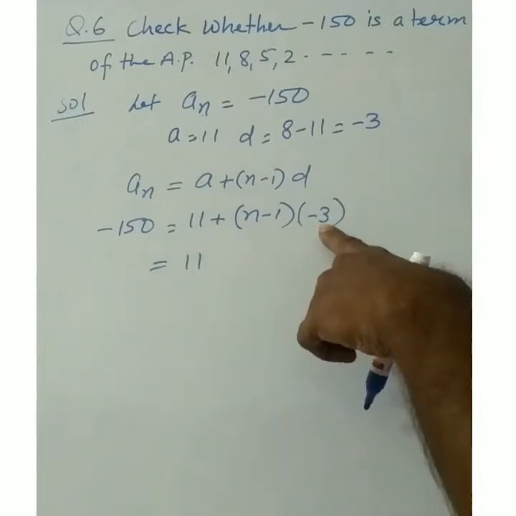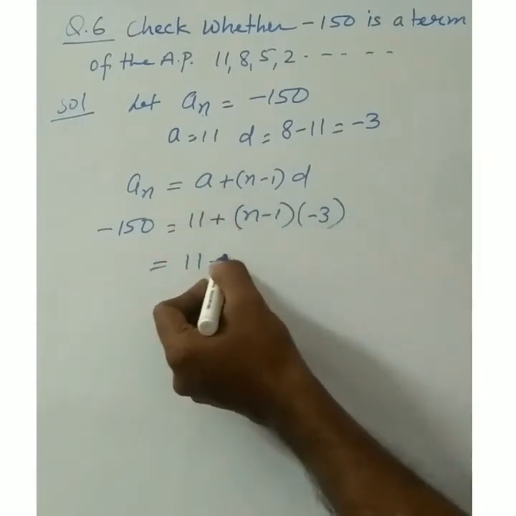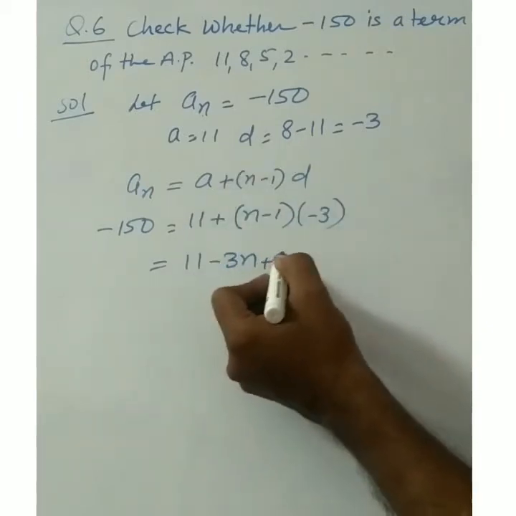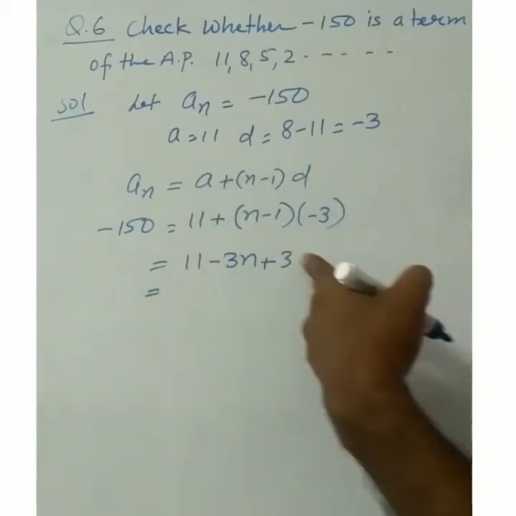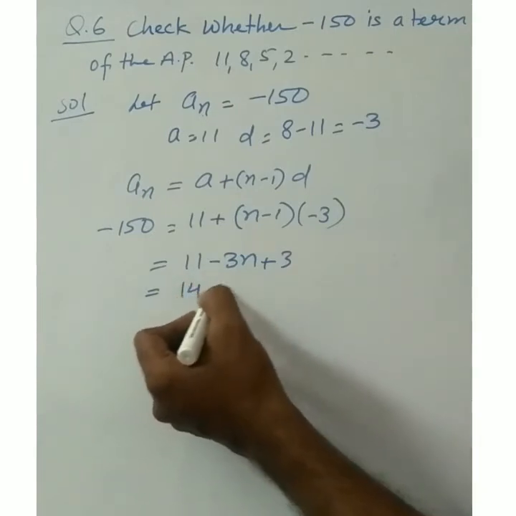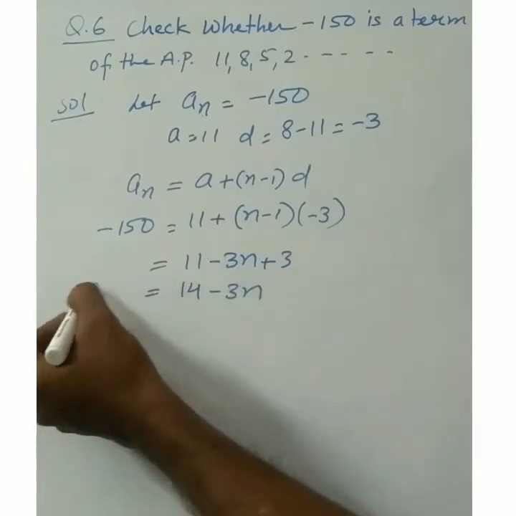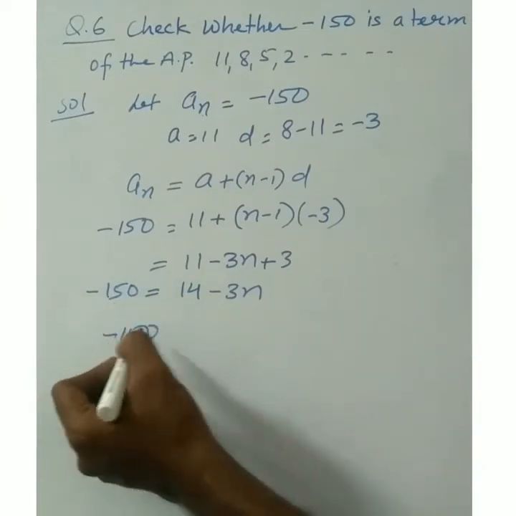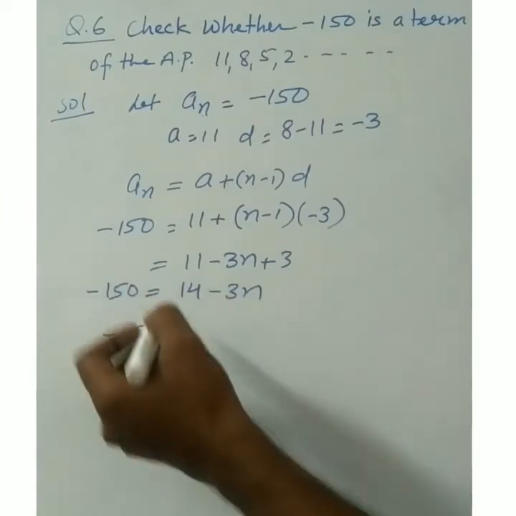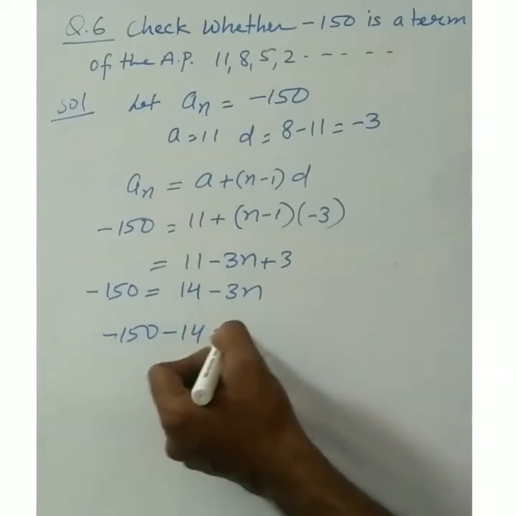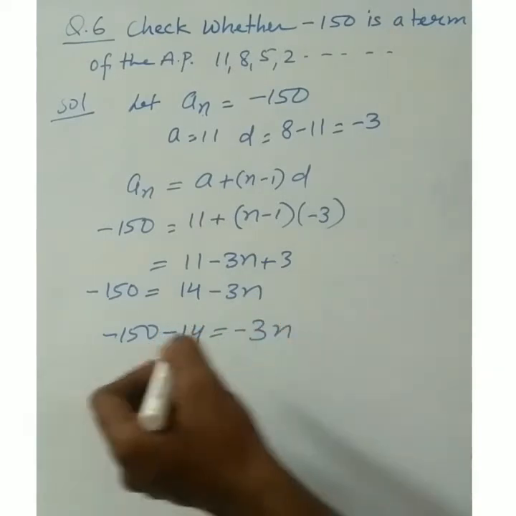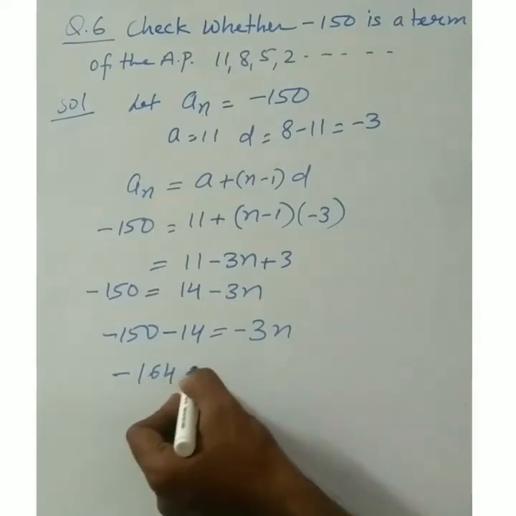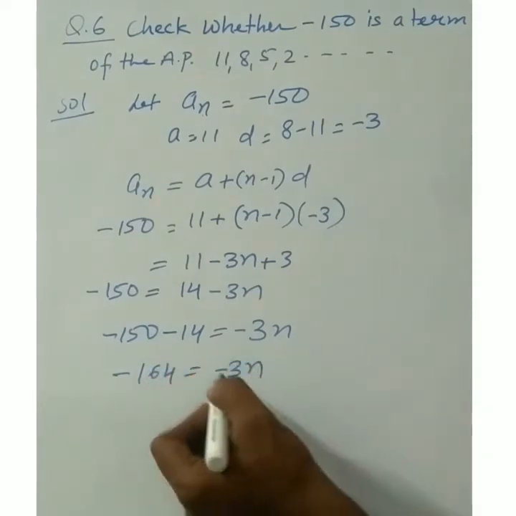11, multiply this with this one, minus 3n, and plus 3. 11 plus 3 is 14, minus 3n equal to minus 150. Shift 14: minus 150 minus 14 equal to minus 3n. Minus 164 equal to minus 3n.